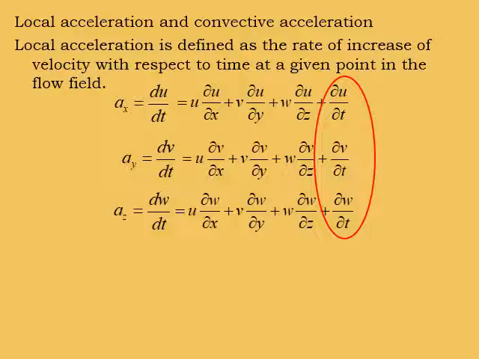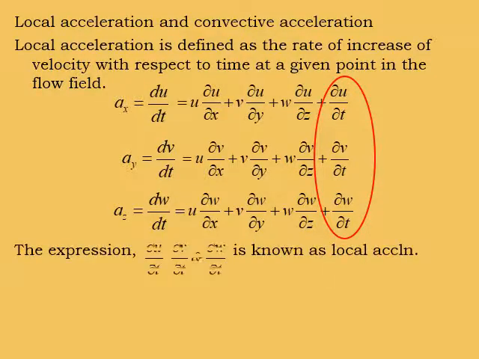So in this acceleration equation, after the chain rule of differentiation, the last term in each expression, that is dou u by dou t, dou v by dou t, and dou w by dou t, represents the increase in velocity with respect to time. So these expressions, dou u by dou t, dou v by dou t, and dou w by dou t, are known as local acceleration.